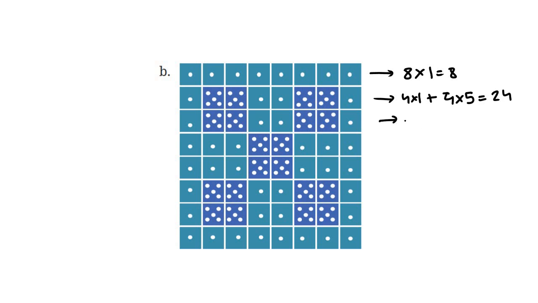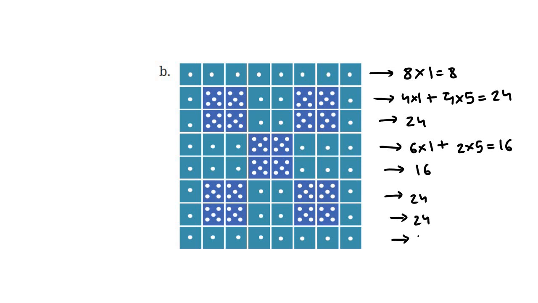Next again we will have 24, and then we have 6 into 1 plus 2 into 5, which is 6 plus 10, 16, again 16. Again this one 24, 24, and this one is 8.